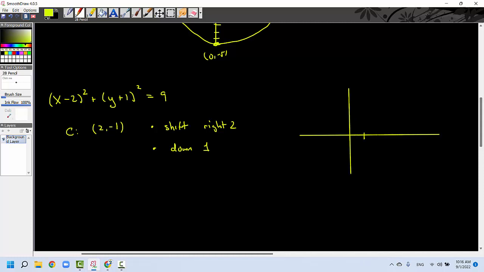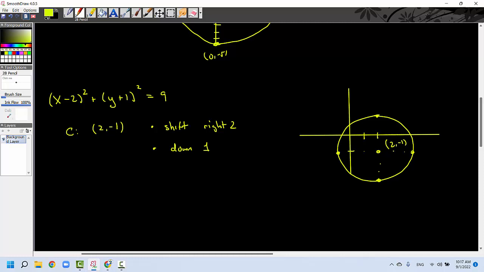We're going to go to the right by 2, down by 1. And then our radius is 3, so we're going to go up 1, 2, 3, to the right by 1, 2, 3, to the left by 1, 2, 3, and down by 1, 2, 3. And then we circle it up and we label our points. Again, the notion of transforming a non-function is something you've been very much exposed to and something that you know.